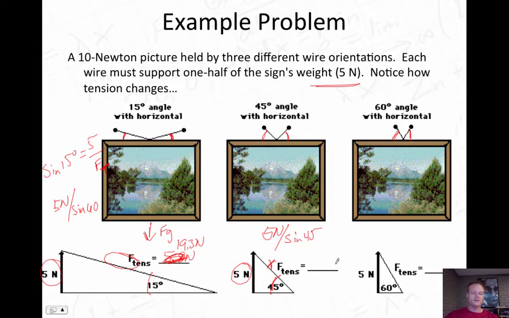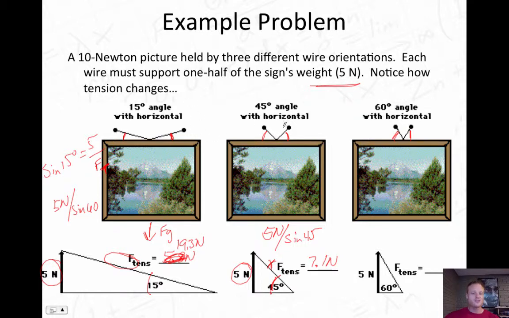And if you do that math problem, you would get 7.1 newtons of tensional force. What a decrease just from going from an angle of 15 degrees to 45 degrees. Here it's 19.3 newtons, here it's 7.1 newtons. Same exact picture, same exact force of gravity pulling down on it, but just changing that angle causes a big difference in the amount of tensional force on the wires.